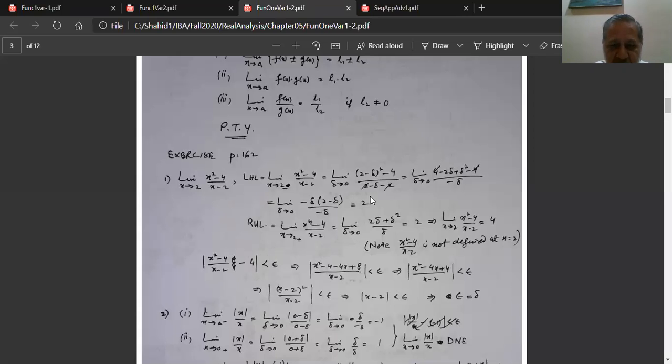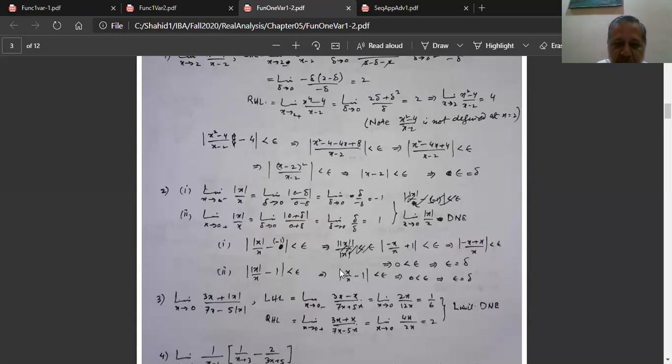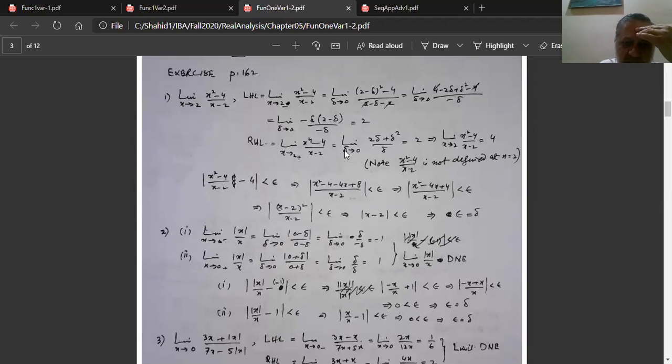The limit of the function is 2. I'll recheck it and come back to you. What is wrong in this? Usually it is pretty easily done.